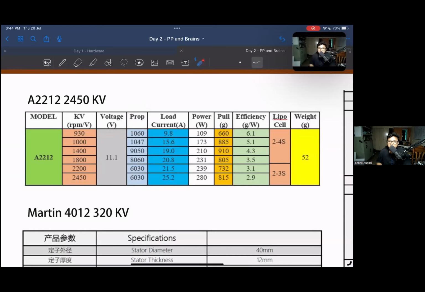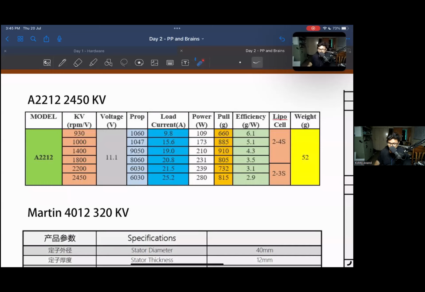You can also use another prop on another kV motor, but these are the data sheets provided by the company. If you wanted to use a 1950 or a 1060 with 2450, you can also find that online these days. There are calculators or data sheets or people who have experimented on all the ranges, and you can simply find the data there.